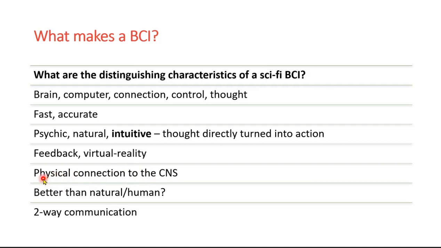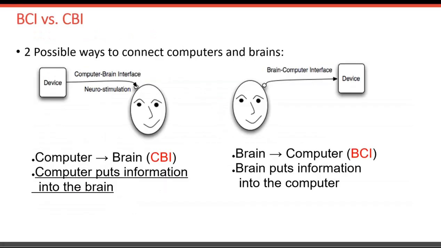So they have physical connection. Another thing is that it is better than natural or human. So that's a question. With all of these characteristics of science fiction BCI, is it better than natural human interaction? Is two-way communication possible between computers and the brain?